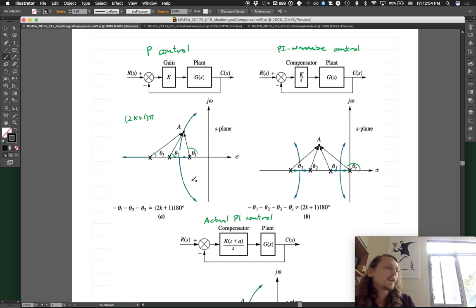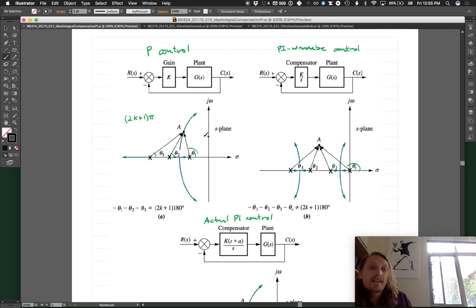Remember that the root locus has these two conditions, the magnitude condition and the angle condition. And the angle condition requires that for any point on the root locus, the sum of the angles from the open loop poles to that point must match the angle criterion.